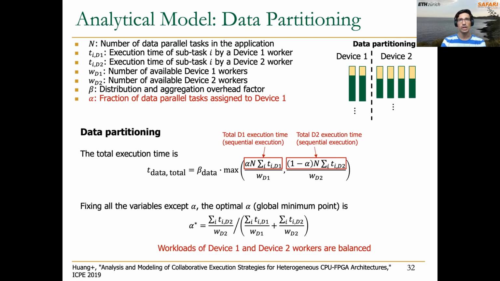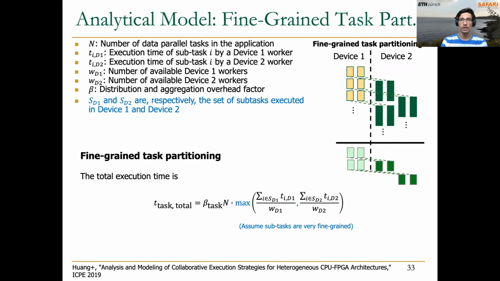So when it comes to modeling fine-grained task partitioning, here we have to consider these SD1 and SD2, which are respectively the set of subtasks executed in device 1 and in device 2. And because there is concurrent execution in device 1 and device 2, as you can see in this figure here, the value that defines what's going to be the total execution time is the maximum of the time needed to perform all the work in device 1 or in device 2.